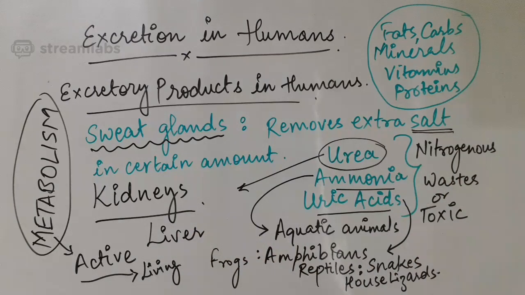Okay, so anything which is in excess should be taken off from the body, because if they remain they will cause various diseases inside the body and they can harm different organs.